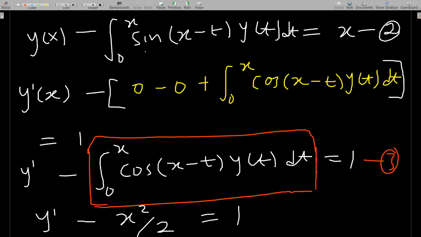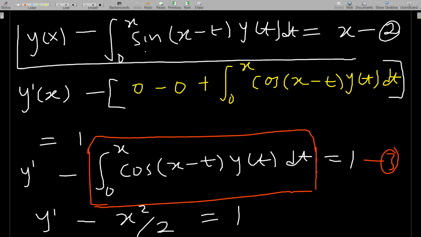The lower limit in the whole integration was actually 0. So let's try to find an equation that has y of x in it, and that is equation 2. In equation 2, I mean this one, we have y of x minus integral from 0 to x. So let's try to put x equals 0 there and see what will happen.